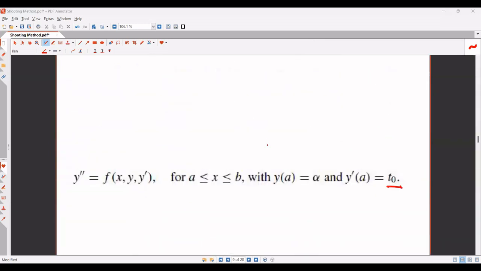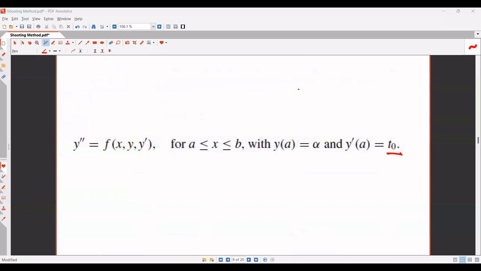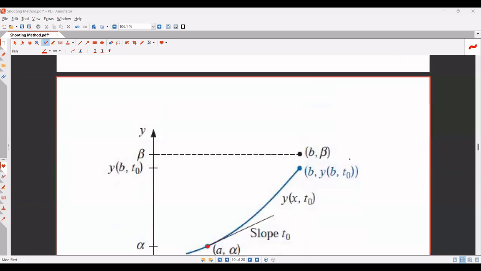So for each t, we are getting a new IVP. Yes, after the end of each loop, you are going to get a new y at b. And each loop has a different t, right? That's what's happening. Yes, I think it is clear now.